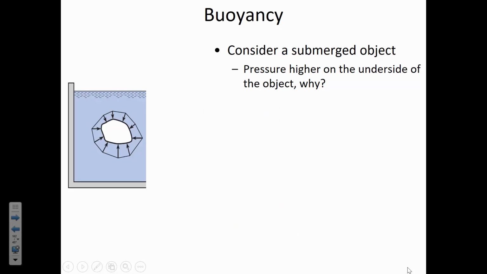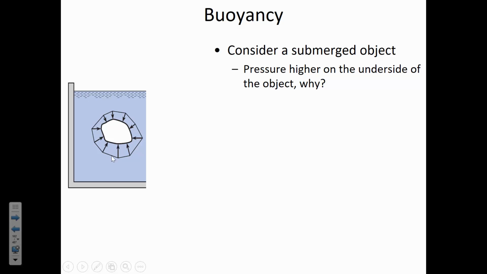Okay, so your textbook shows this figure, and it suggests that you think about the distribution in pressure that's acting. This is an irregularly shaped object, just to make the point that we don't necessarily have to integrate the difference in pressures between the top and the bottom, although we can.